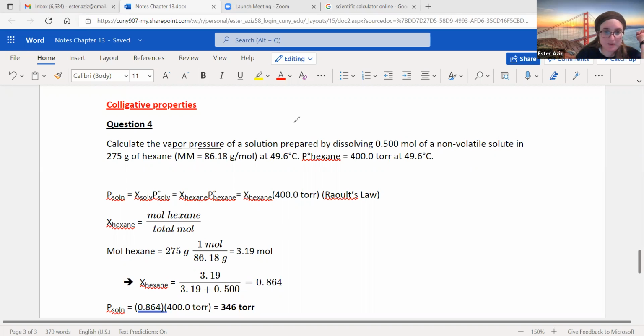This P with the circle is the vapor pressure of pure hexane at that temperature. Okay, so let's do this.